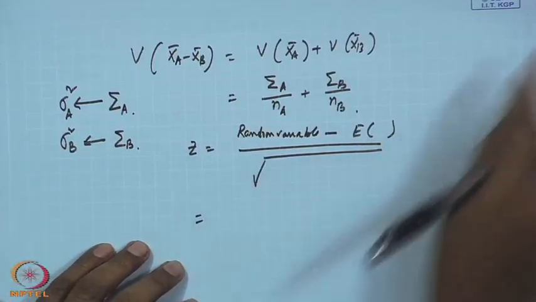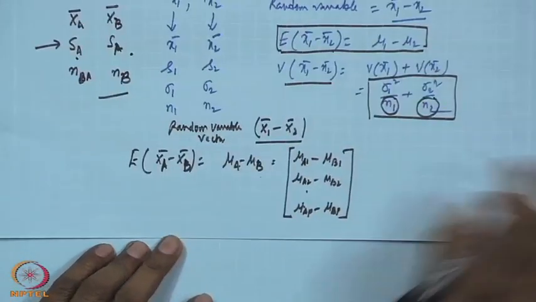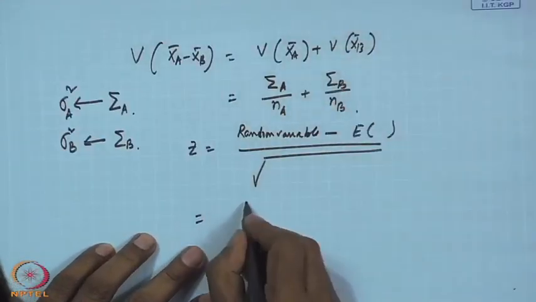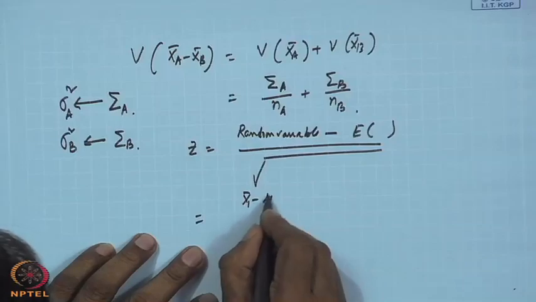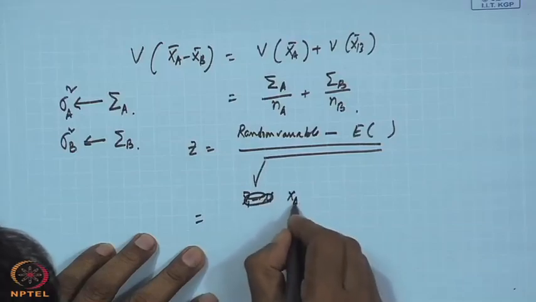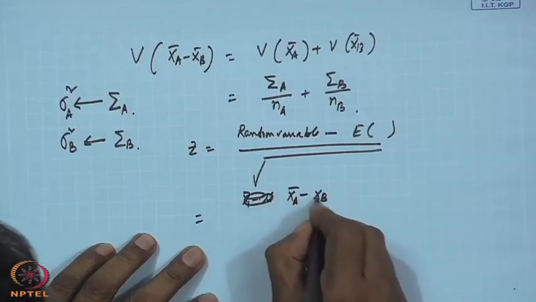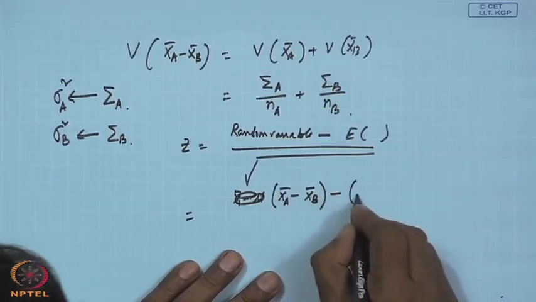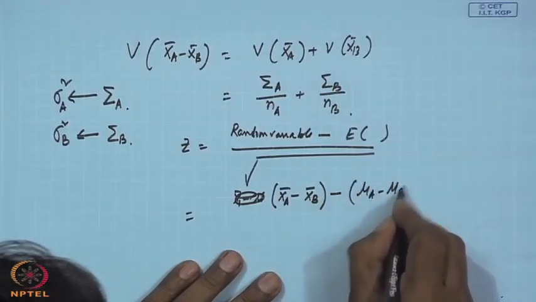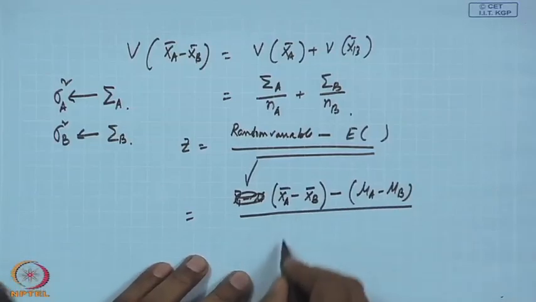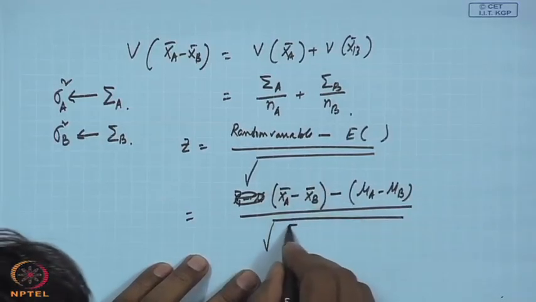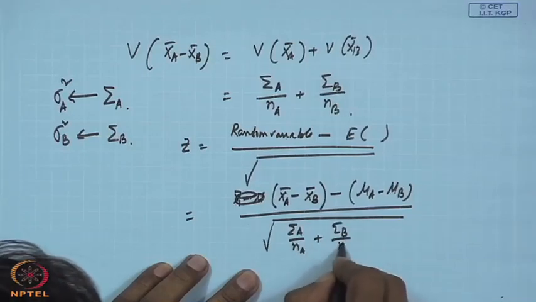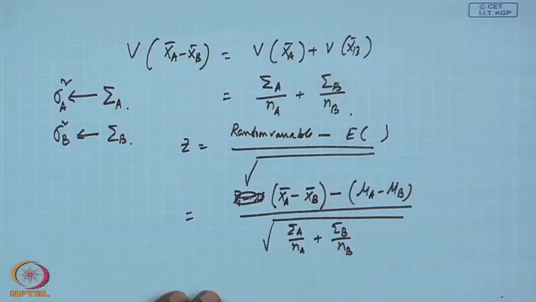So I can write very clearly what my random variable is: x1 bar minus x2 bar, that is x a bar minus x b bar, minus its expected value, which is mu a minus mu b, divided by the variance component, square root of sigma a by n a plus sigma b by n b.